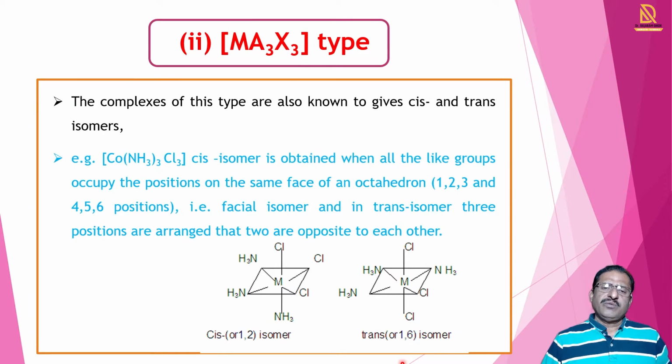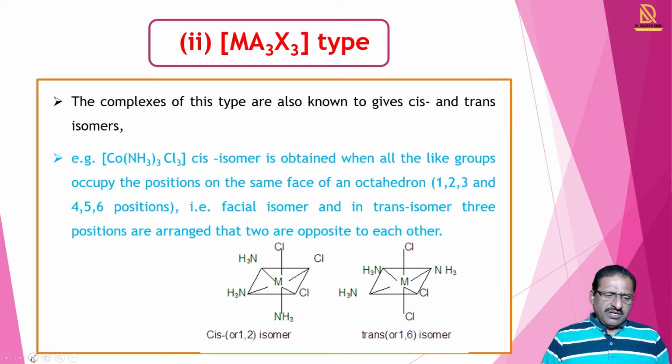Now the second type, the MA3X3 type. In the MA3X3 type, three ligands of the same type are present and three ligands of another type are present. For that purpose, the metal is attached with the different ligands.